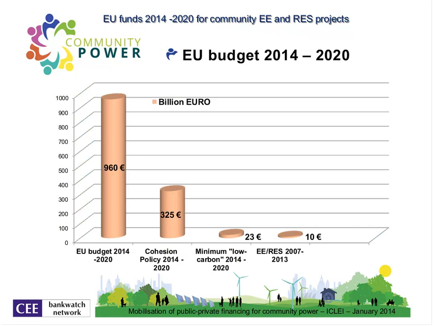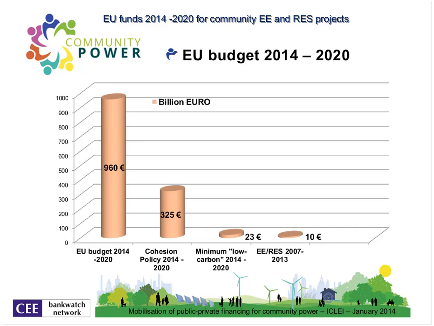So obviously, for 28 member states, that might not be that significant, but when you look at what potentially can be done with this, it is not that little. Cohesion policy is the European Union's policy to develop poorer regions, which is mainly Eastern Europe and Southern Europe, but in fact, every country, every city is eligible for EU funding.